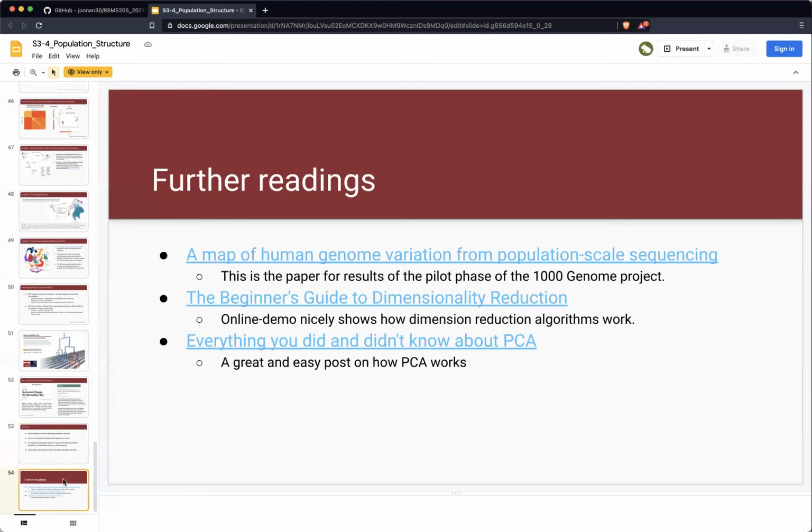And as usual, we have a few further readings for population structure. And also, if you're not really familiar with the mathematical notation about factor analysis or PCA, this is really 101 stuff. This is really basic stuff we have to learn in science.